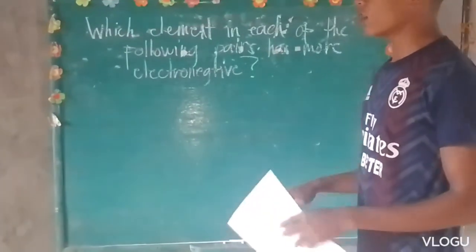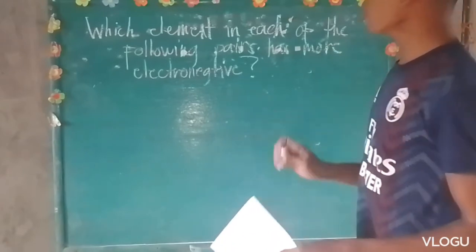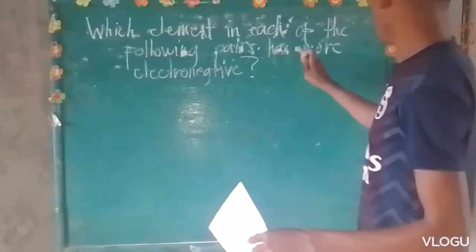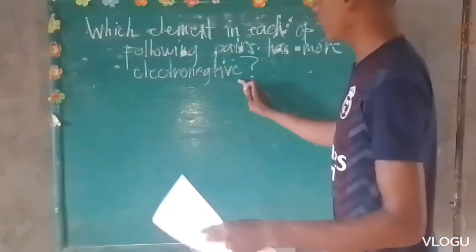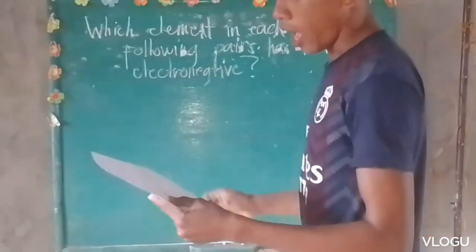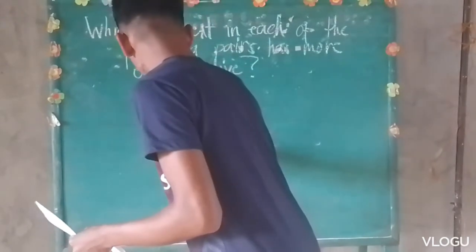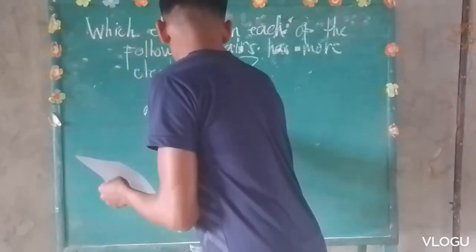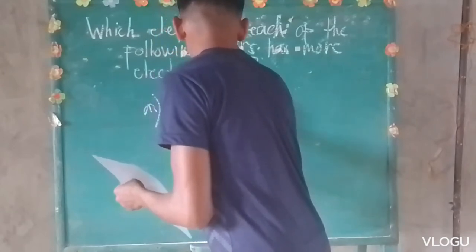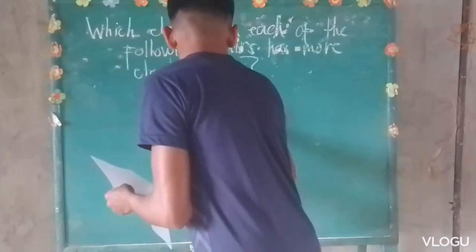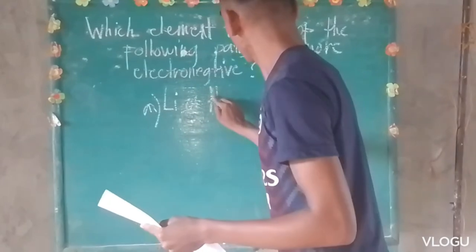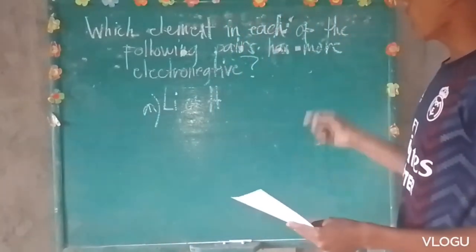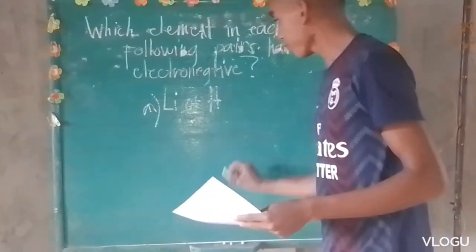So we'll proceed to our second problem. Our second problem is which element in each of the following pairs has more electronegativity. So our first pair is Li or H. So we will determine which of these two has the higher electronegativity.